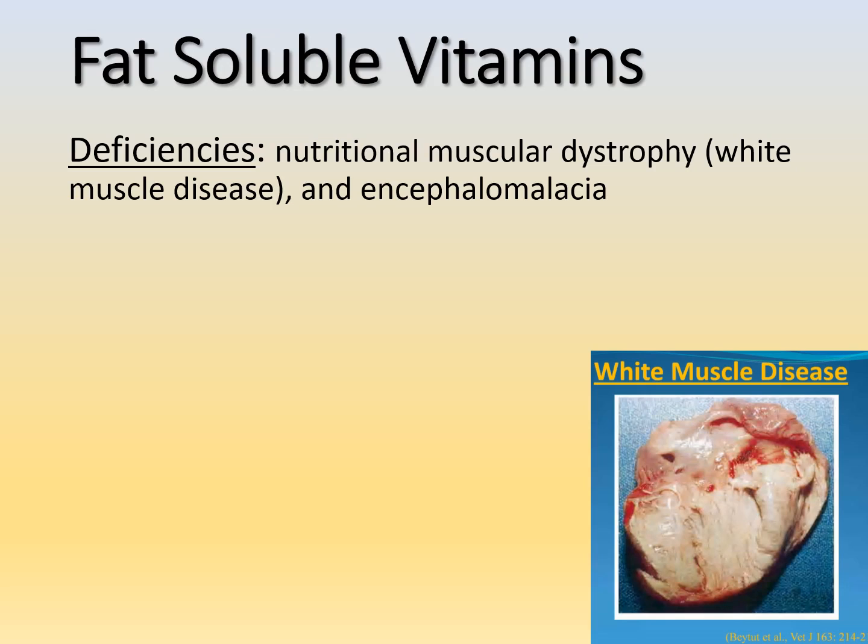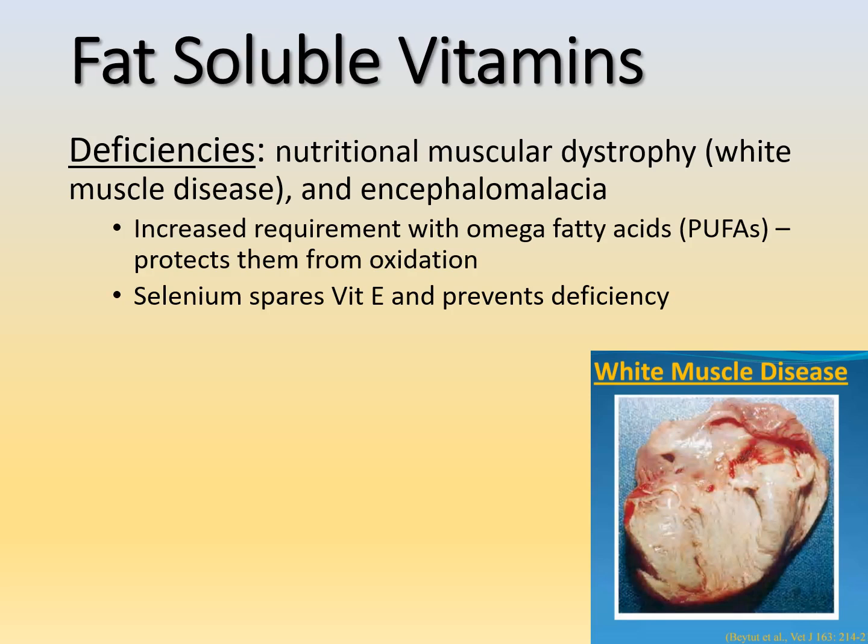So what are some deficiencies that we see with vitamin E? These can be very extreme deficiencies and disorders. There are two big ones, nutritional muscular dystrophy, also called white muscle disease, as well as encephalomalacia. These can be very extreme.